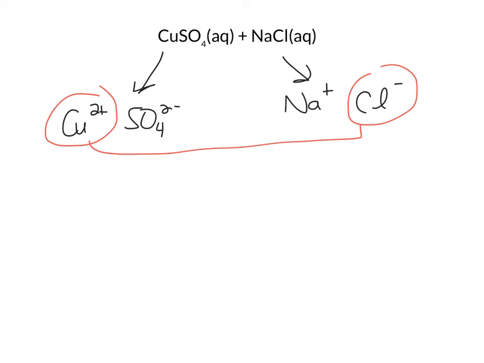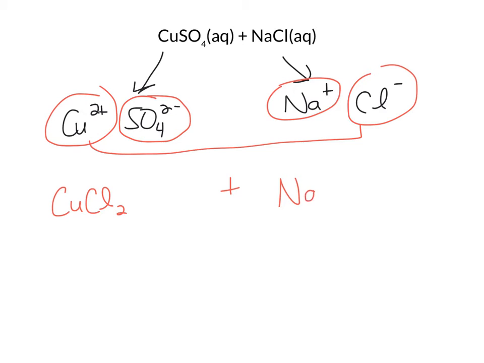So we have a 2+ and a 1-. We're going to need 2 of those 1- to make it neutral. So our formula is CuCl2. And then the next one, we're going to take Na+ and combine it with SO4 2-. And so we're going to need 2 of the pluses to balance out the 2-. So our formula is going to be Na2SO4 to make a neutral compound.